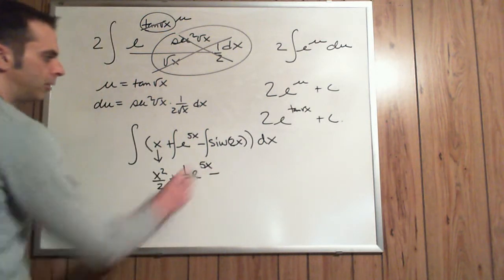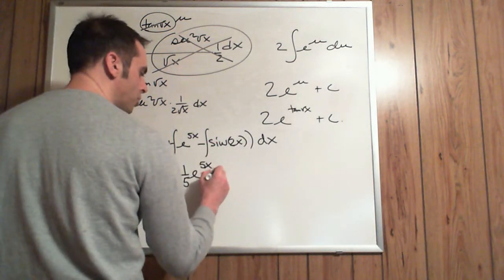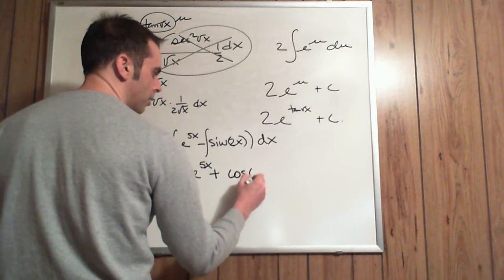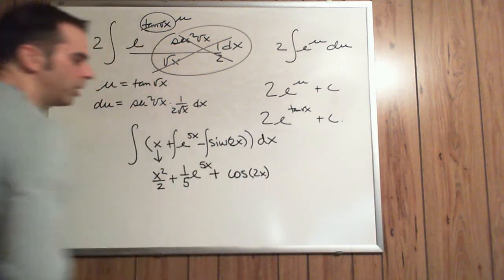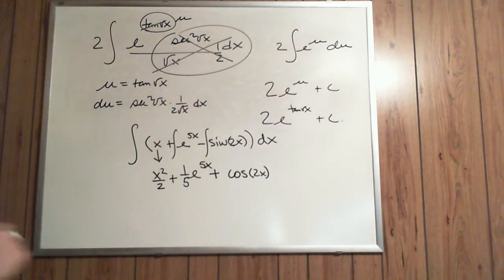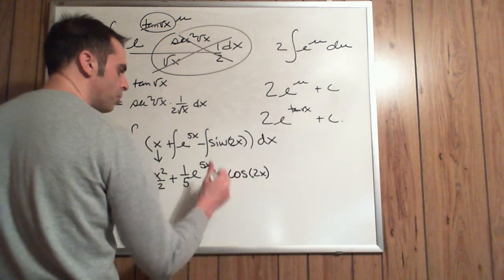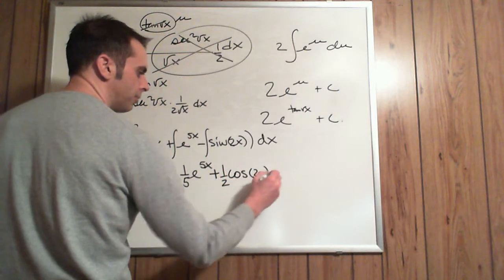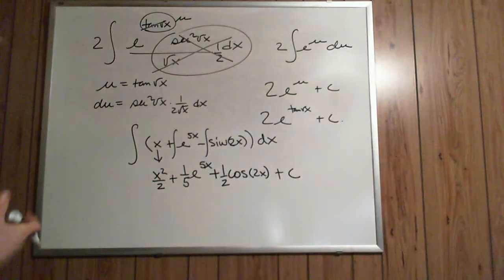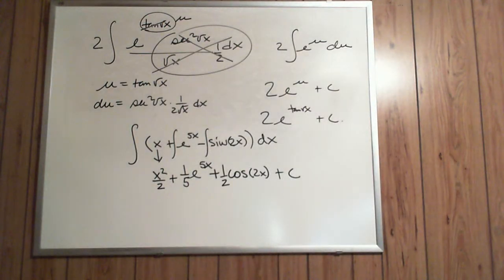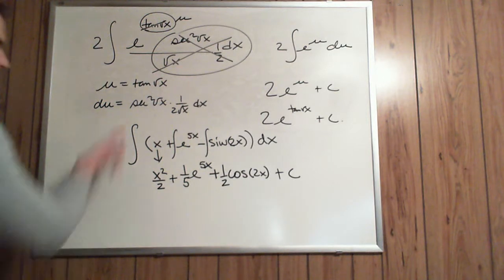Minus the antiderivative of sine is negative cosine. This would become then positive cosine. Repeat the argument. And the derivative of 2x is 2, but the antiderivative needs its reciprocal, which is 1/2 plus c. That's the shortcut. Or you could do them each individually.